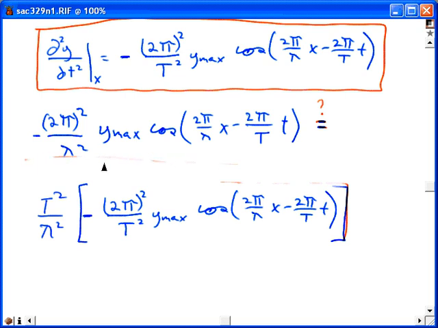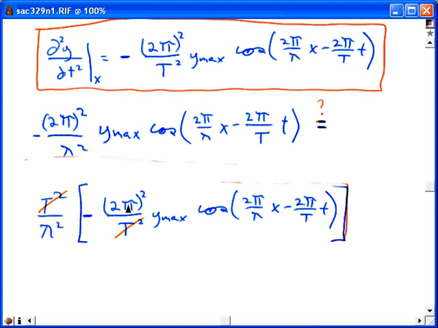Alright, so this is our expression. I'm going to go ahead and cancel out the capital T's. And then just compare. I got minus 2 pi all squared over lambda squared.